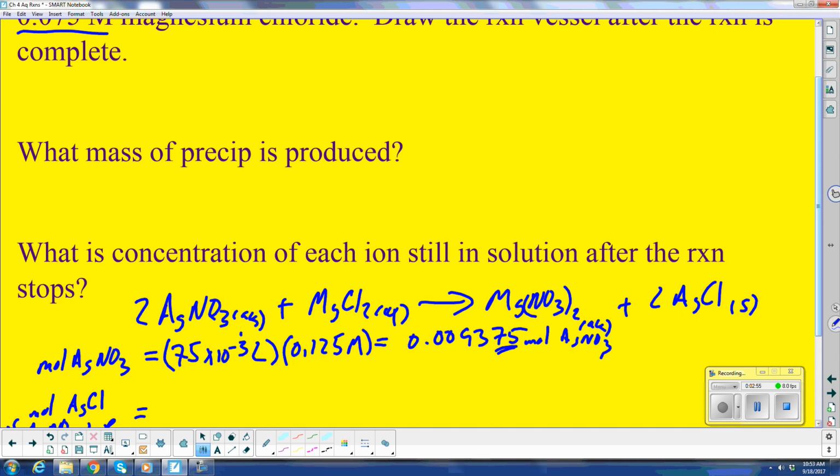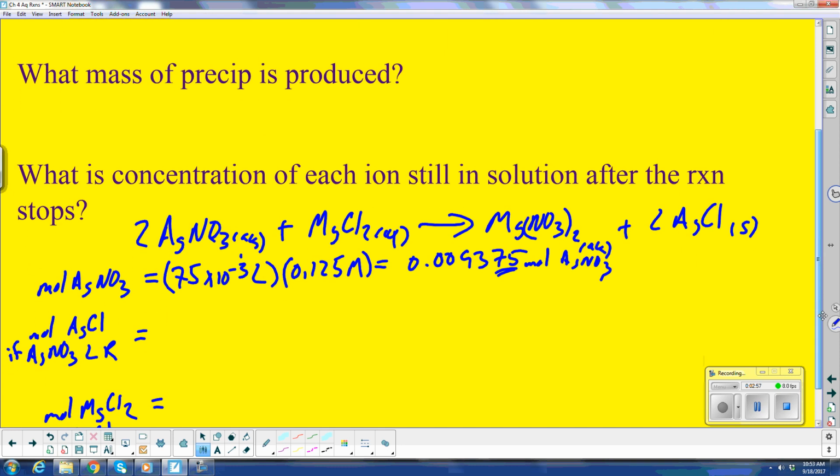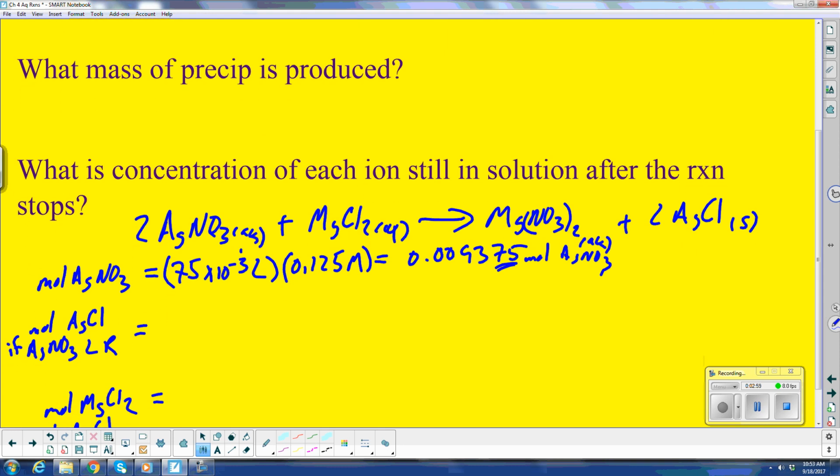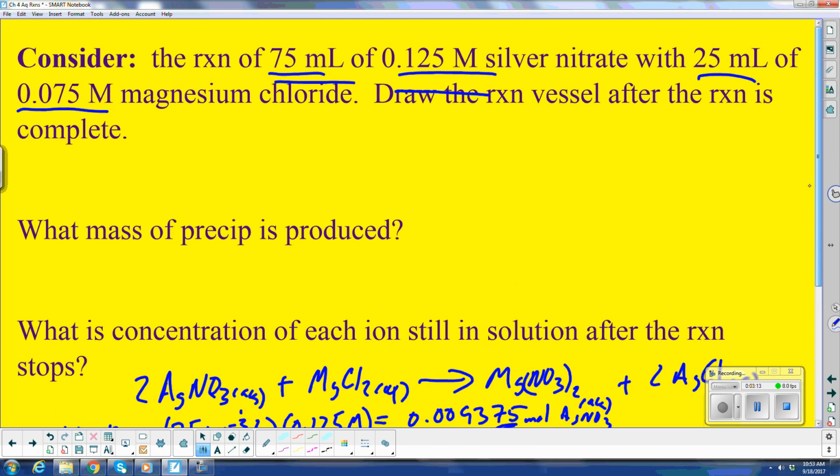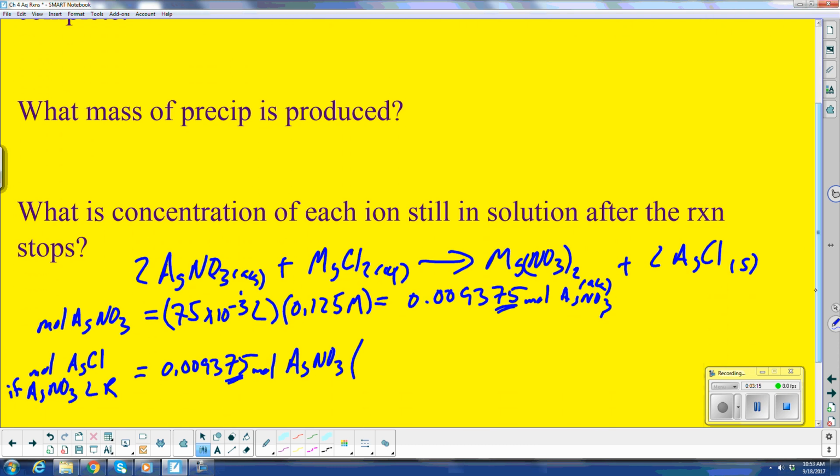So then, let's figure out how many moles of silver chloride I'd get out of that. 0.009375 moles of my silver nitrate times, what's my mole ratio? To go back and look, my mole ratio is what? Oops, here we go. My mole ratio is 2 to 2.